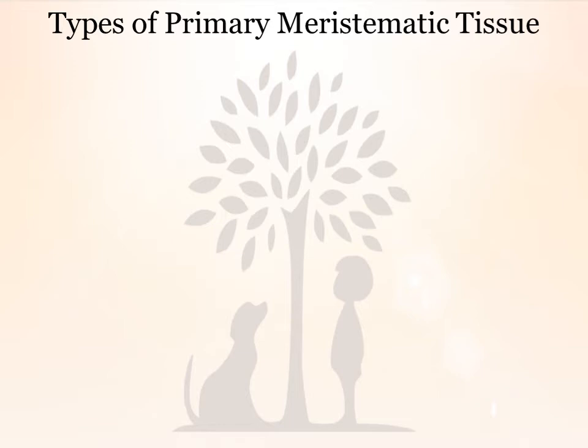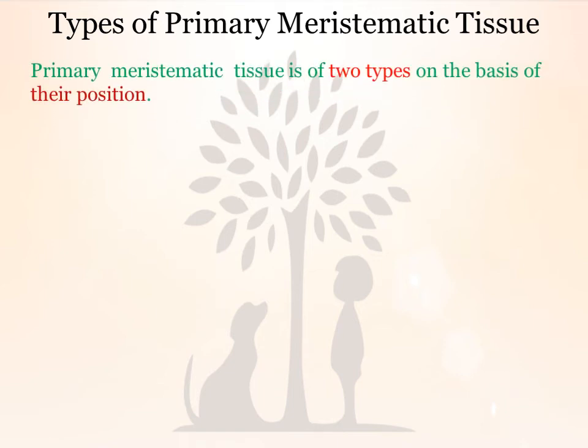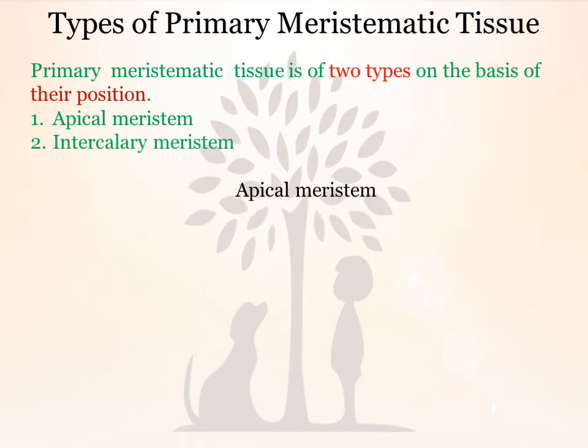Now the types of primary meristem. Primary meristematic tissue is of two types on the basis of their position, which we have already seen in the sketch. The first is apical meristem and the second is intercalary meristem. So first is apical meristem.